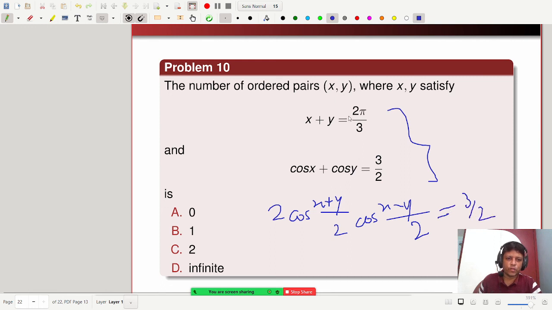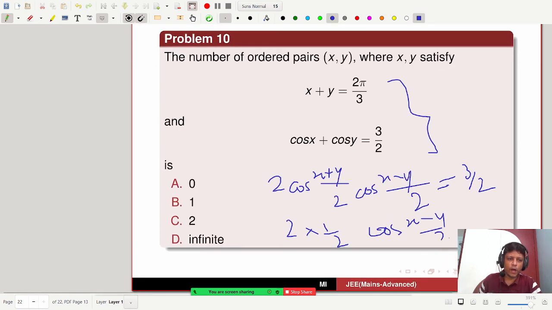If you substitute x plus y equal to 2 pi by 3, it will be pi by 3, so it will be 2 into half, cos x minus y by 2 equal to 3 by 2. That is a value more than 1, which is not possible. So there is no ordered pair x comma y. So your option will be 0.